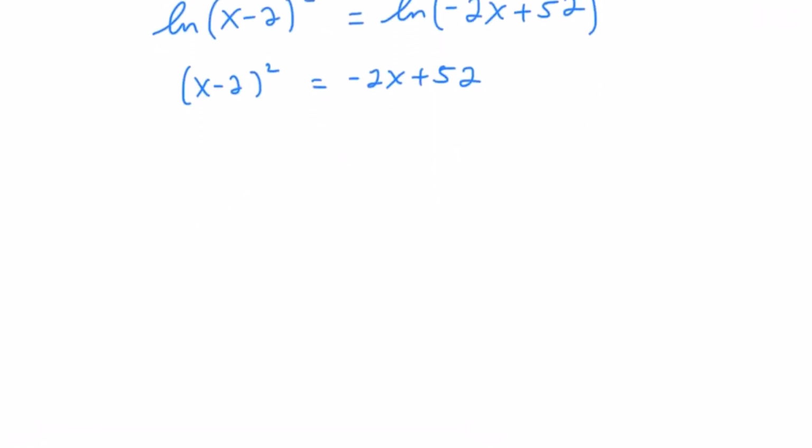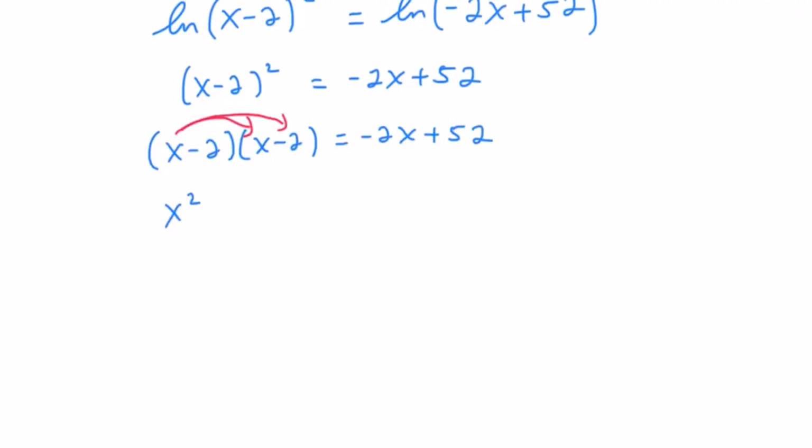X minus 2 squared, that means we have x minus 2 times x minus 2, which we need to FOIL out. So x times x, so that is x squared. X times negative 2 is negative 2x. Negative 2 times x is negative 2x.